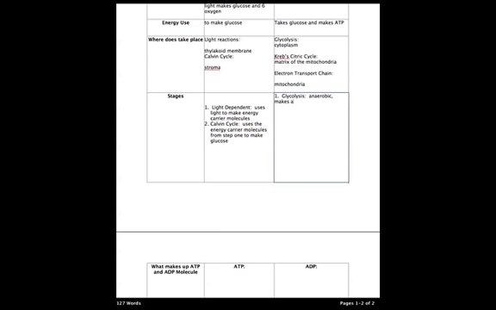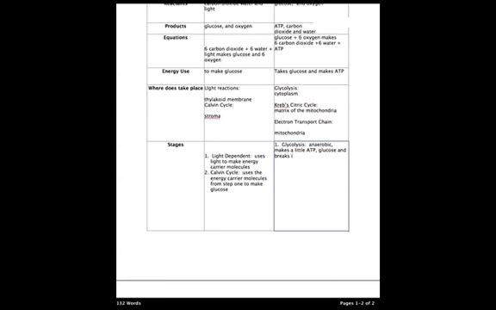It makes a little ATP. All right, so it doesn't make a lot of ATP, but it makes a little bit of ATP without oxygen, anaerobic. And what it basically does is it takes glucose and breaks it down into pyruvic acid.